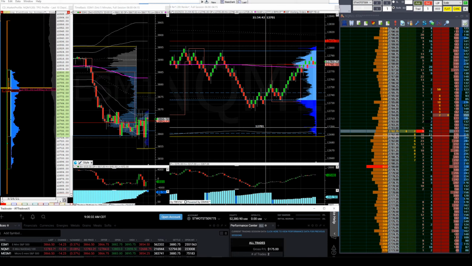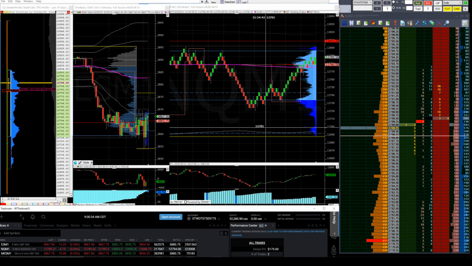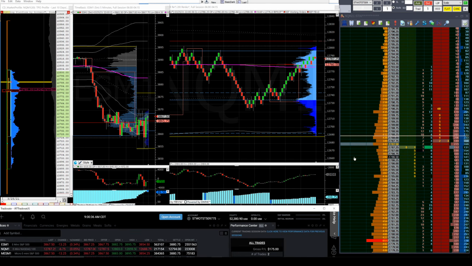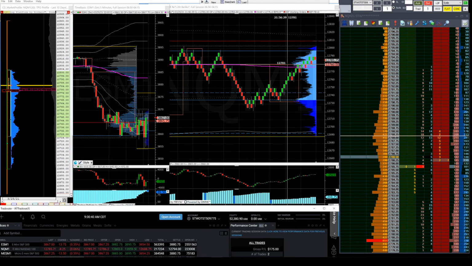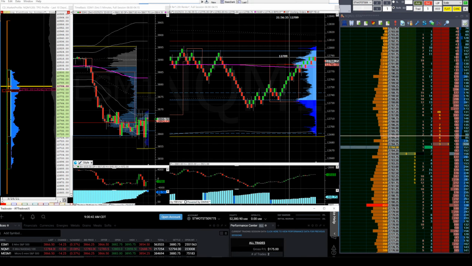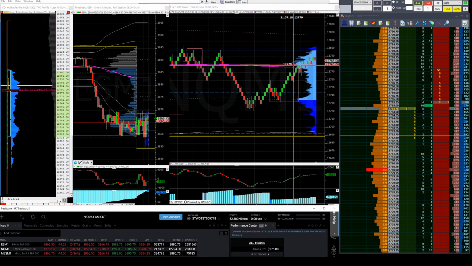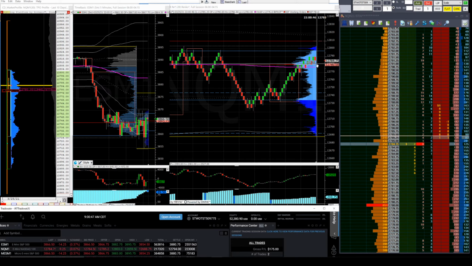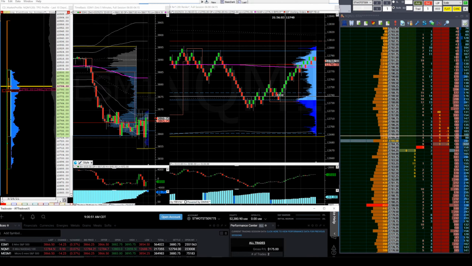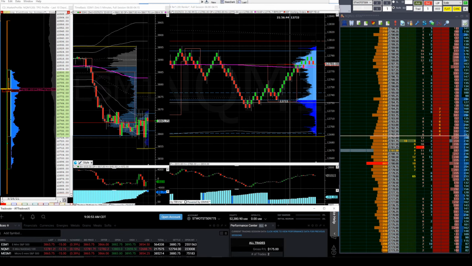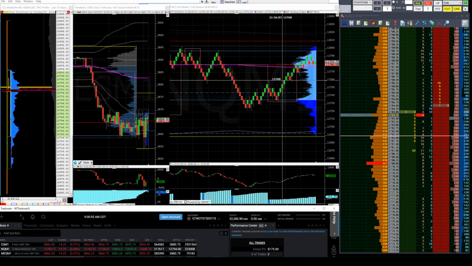But here's this. Back in the zipper, zipper dipper. And I get clobbered with these zippers. Maybe the thing to do is put a trade here at the developing POC for an up move.